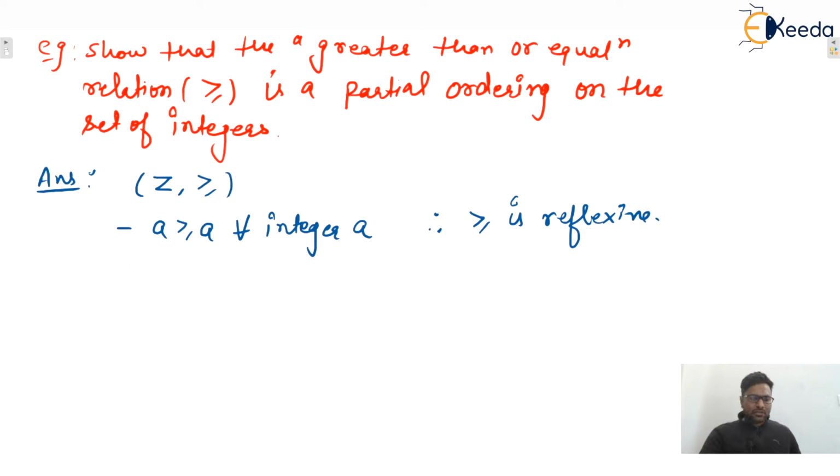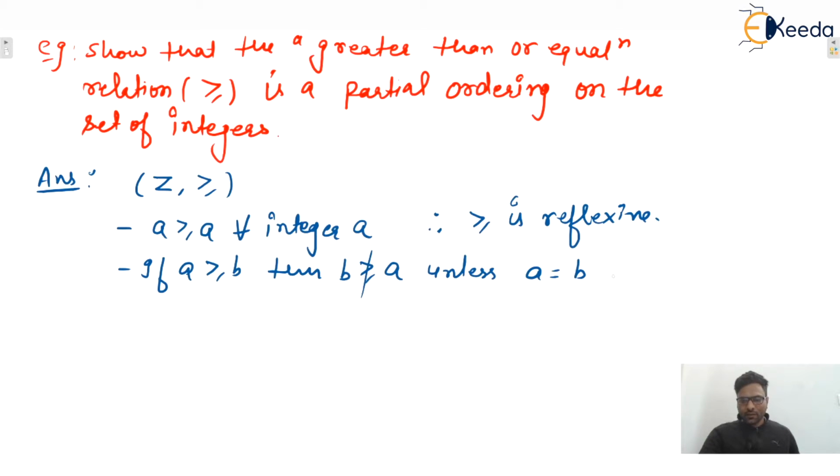Next, if a is greater than or equal to b, then b is not greater than or equal to a unless a equals b. That is allowed in antisymmetric. Hence greater than or equal to is also antisymmetric.